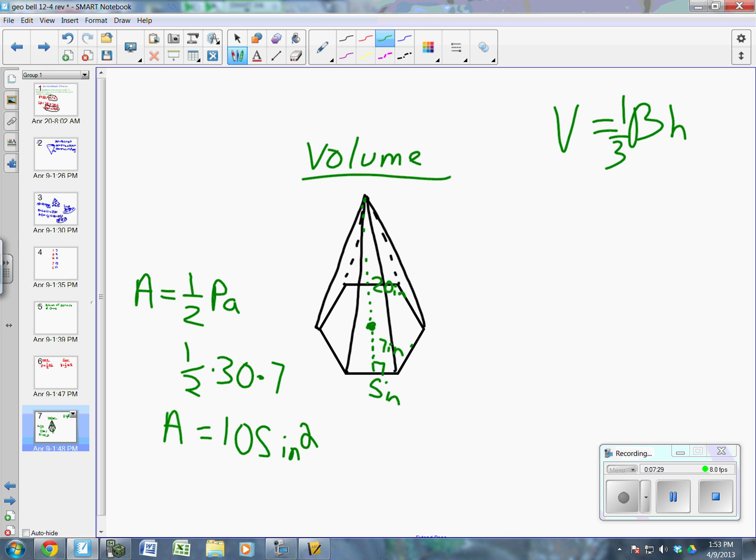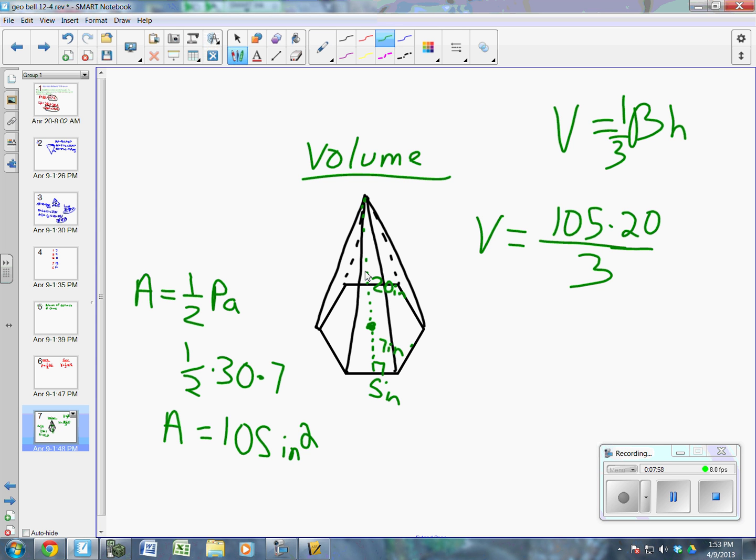So then to find my volume now, I'm going to have the area of the base, which is what? What's the area of the base, you guys? 105. What's the height? 20. And I divide it by? Divide it by 3, which is the same thing as timesing it by 1/3.